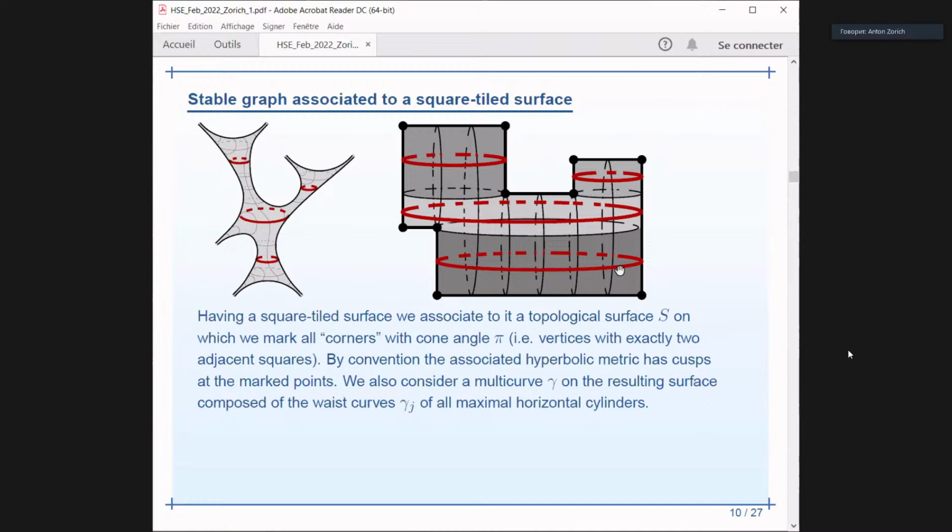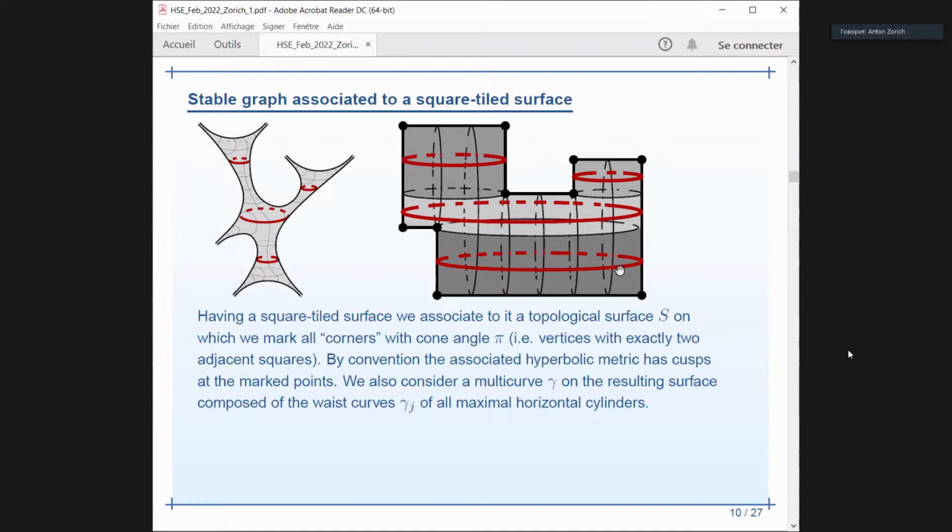I take a cylinder, and then at the bottom I take two points and identify two arcs of a circle by gluing them together. Let me make an illustration, a physical one.